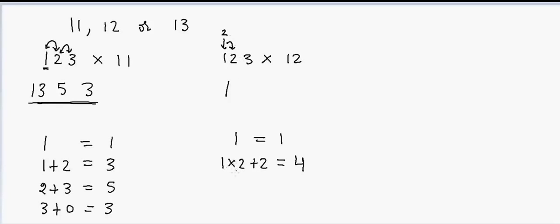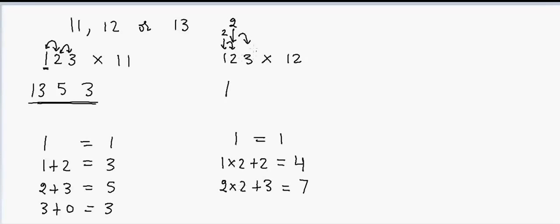Then for calculating the third digit of the answer, I'll do 2 into 2 plus 3, that will be equal to 7. So I multiply this by 2 and then I add it into the 3, so that will be equal to 7.